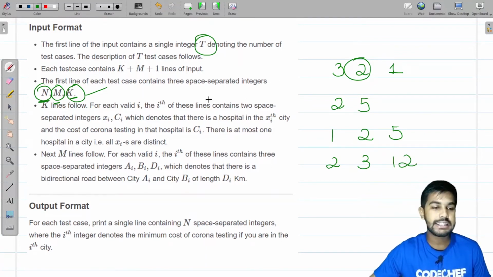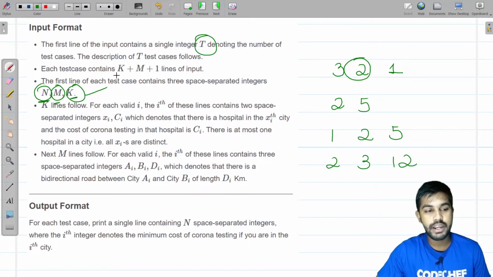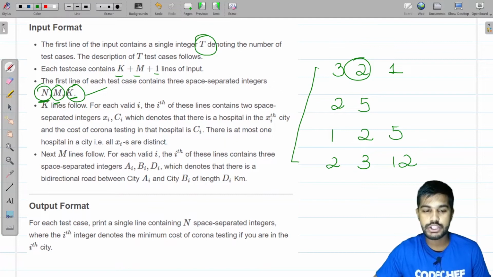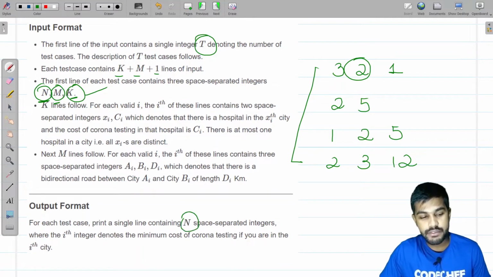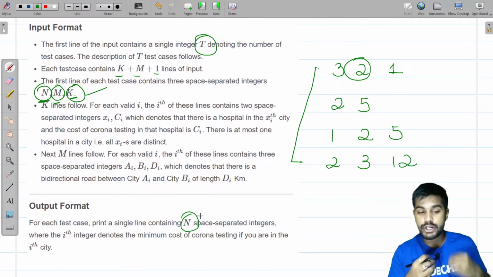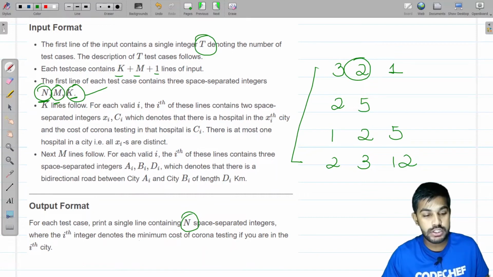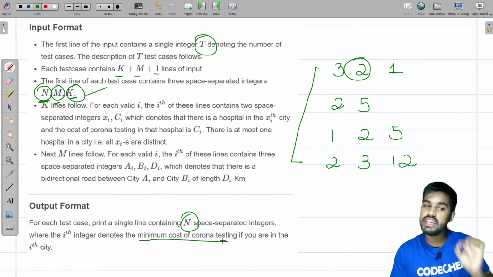That is why we are told that we would be given k plus m plus 1 lines of input. Next, we need to print in a single line n space separated integers which would tell the minimum cost of testing for each city.